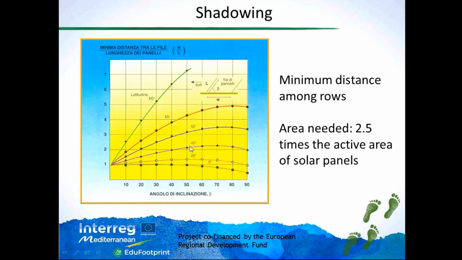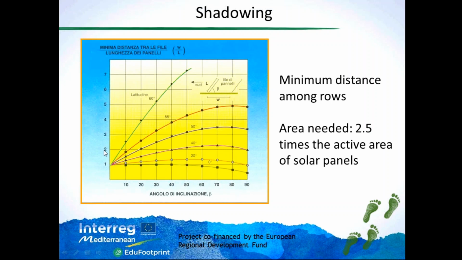So we can again take, for instance, 40 degrees of latitude, or 42, for instance. I'm in Rome, so Rome is about 42 degrees of latitude. And so if you look at 30 degrees of tilt angle and 42 degrees of latitude, then on the vertical axis you read 2.